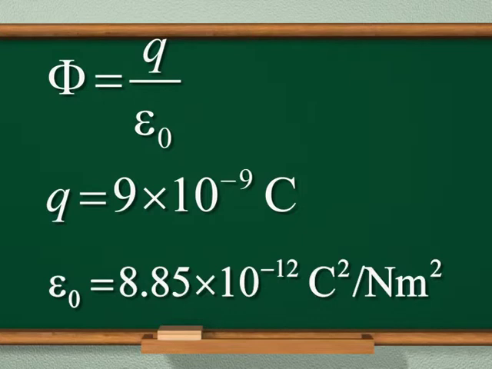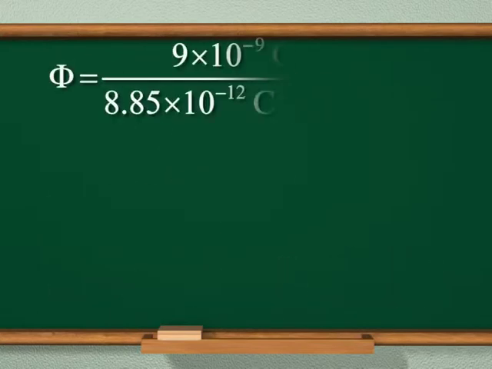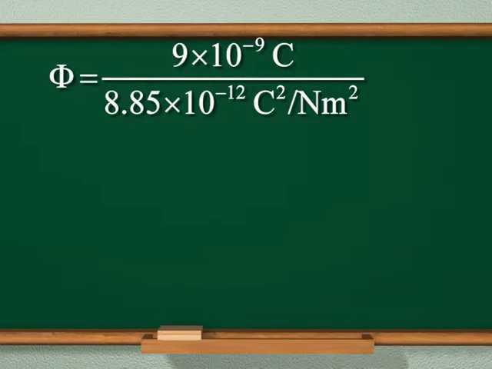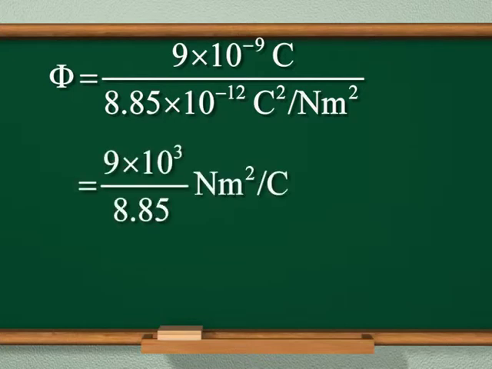Now, substituting the values of Q and epsilon naught in the expression for capital Phi, we get the total flux through the Gaussian surface as capital Phi equal to 9 into 10 raised to the power minus 9 coulomb by 8.85 into 10 raised to the power minus 12 coulomb square per Newton meter square, which is equal to 9 into 10 raised to the power 3 upon 8.85 Newton meter square per coulomb.